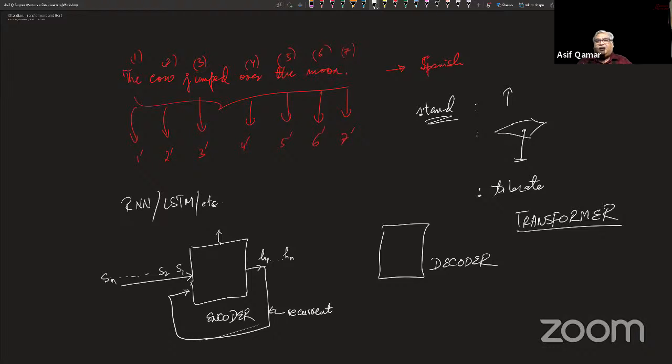It also depends on the words that came before it. For example, if the word was the cow stood, now I'm using the word stood. Because the two words, the cow, came before it, you implicitly know what is going on.